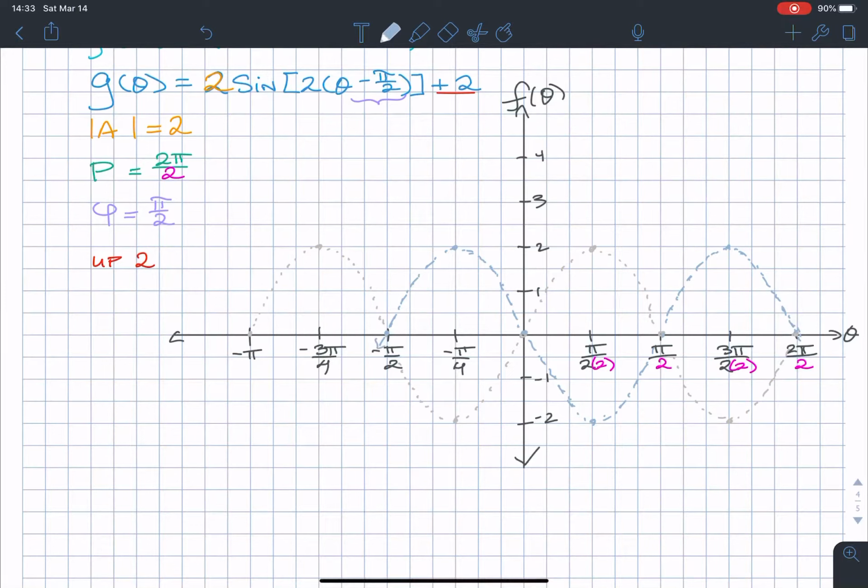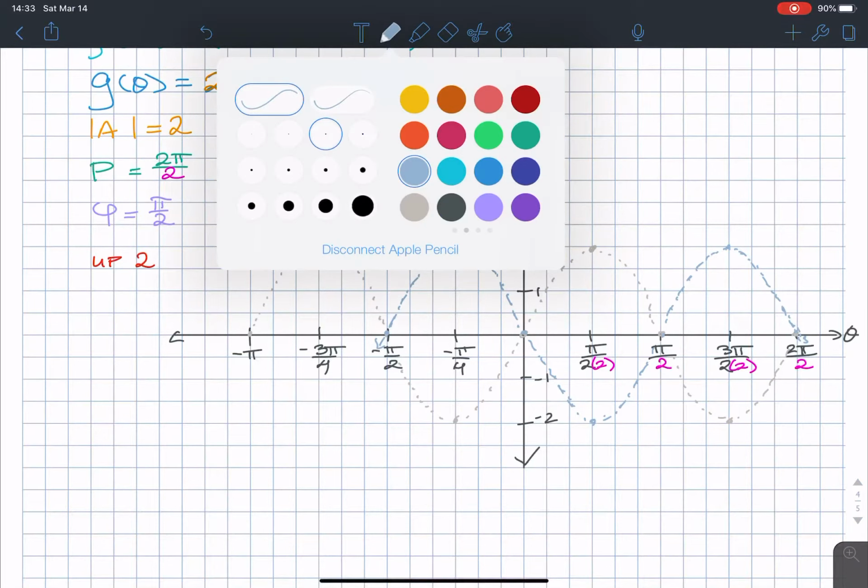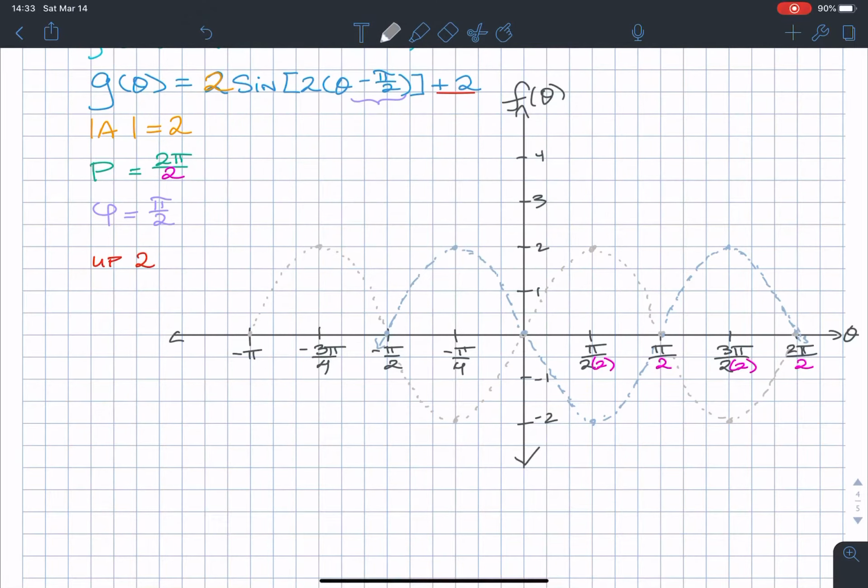Okay, and now we want our vertical shift upwards. So what color should I use for that? This one. So now I'm shifting everything up 2 units. So each point I have here that has already been shifted to the right 2 quadrants is now going to be shifted up vertically 2 units.